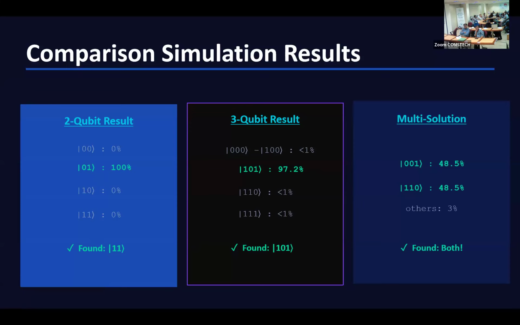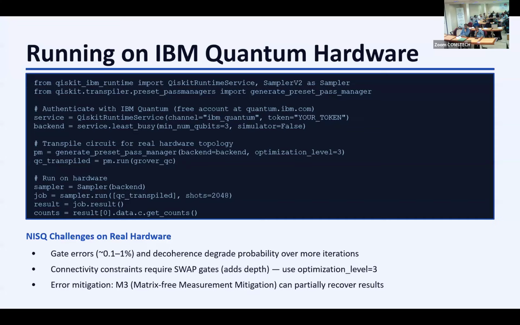So we find the probability of 101 for the case of 3 qubits to be 97%. But if we do a multi-search, like finding 2 correct states at the same time, we're going to get a percentage like this. And all the other states are going to have a very low probability.